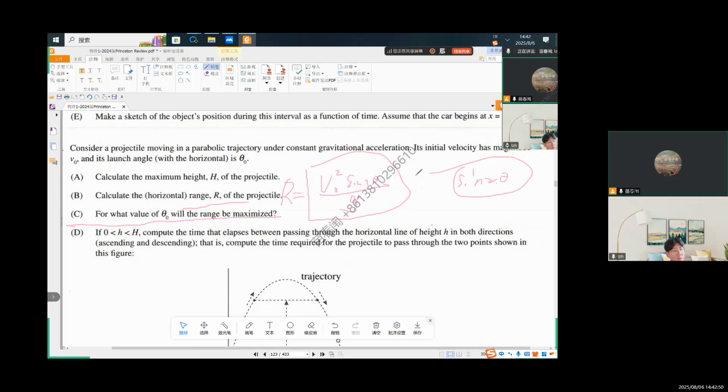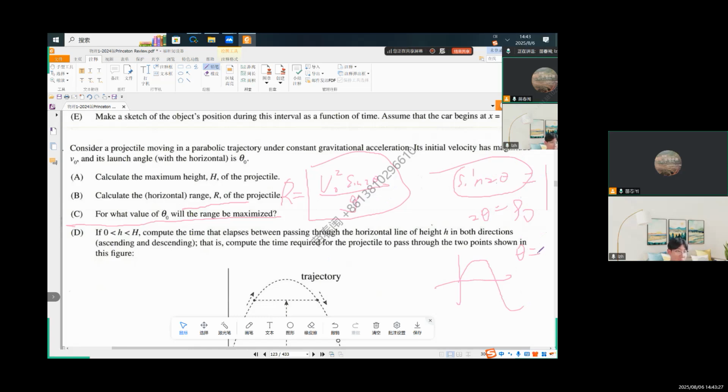The maximum value is what? 1. Sine 2 theta is also 1, right? Yeah. When it's 1, what's your 2 theta's angle? Pretty sure it's 90. Yeah, so 2 theta is 90, so theta is what? 45. Does that make sense? We actually did it as one choosing question, probably. So is it making sense if I say 45 degrees is the answer C? Yeah.